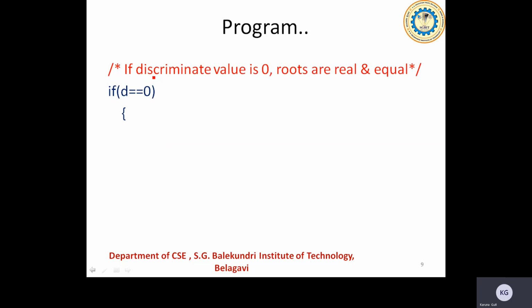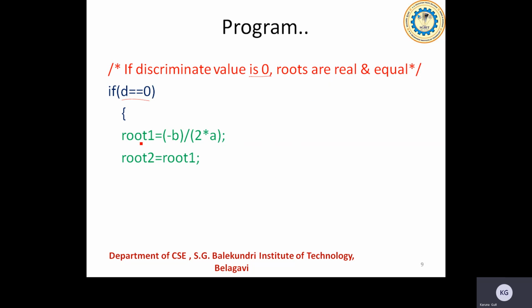So if the discriminant value is 0, then you already know the roots are real and equal. The discriminant part becomes 0, so we don't have anything under the square root, and we'll have only minus b divided by 2a left out.